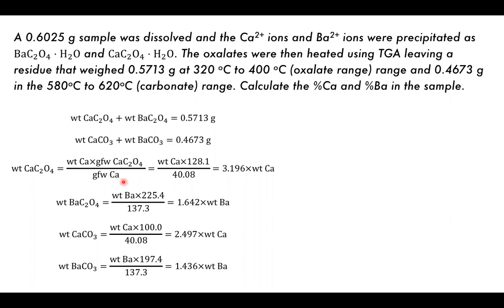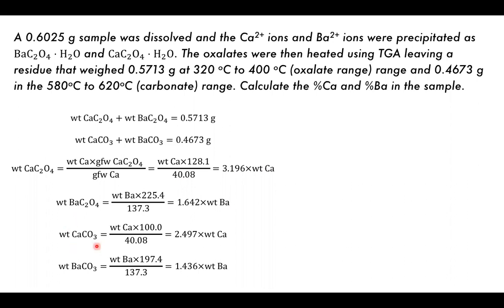So this means we have the weight of calcium in terms of the percentage of the oxalate that is calcium. We can divide 128.1 by 40.08, which equals 3.196, times the weight of calcium. Then we do the same for the barium so that we get it in terms of the weight of barium.